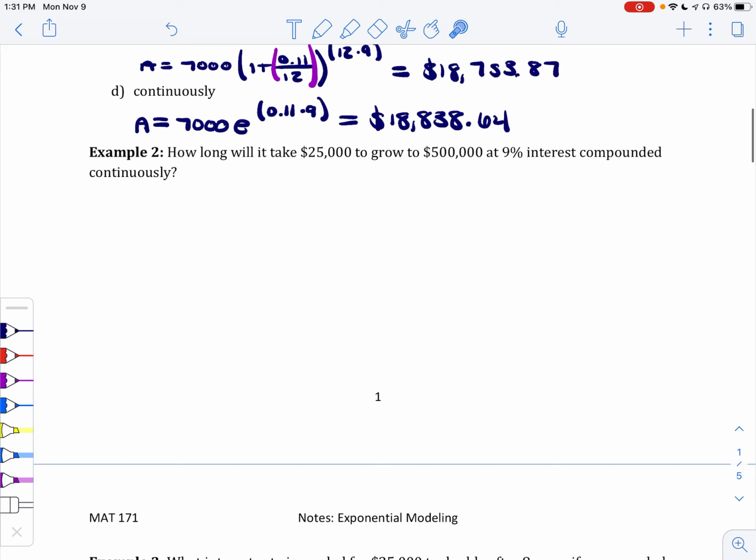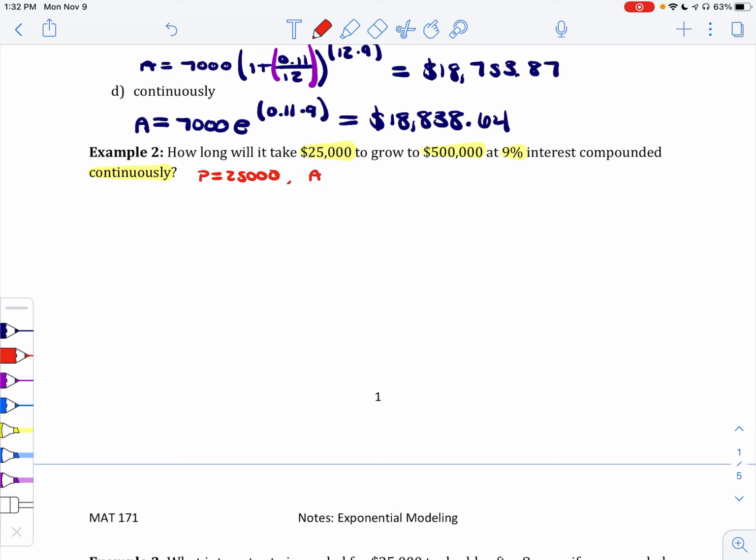All right, let's take a look at this next example. So this time we want to know, how long will it take $25,000 to grow to $500,000 at 9% interest compounded continuously? So we're starting with $25,000, so that is our principal.